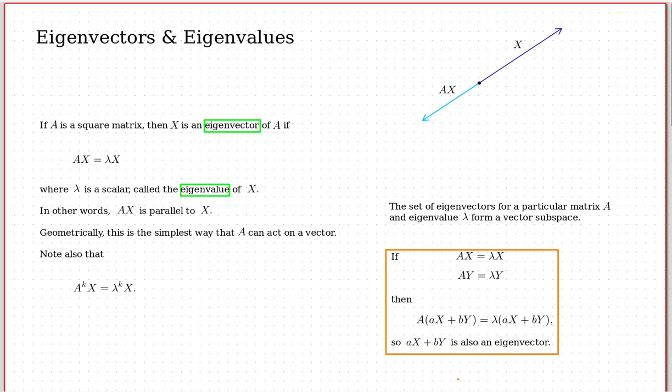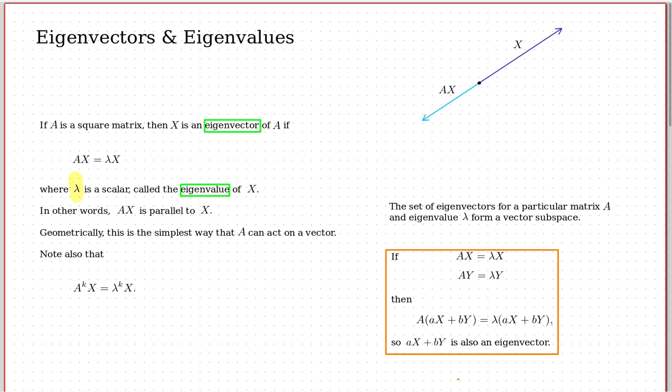Okay, so by the way, one thing that's particularly interesting for us is that if x is an eigenvector with eigenvalue lambda, lambda is called the eigenvalue of the eigenvector. It's whatever scale you have to multiply by.